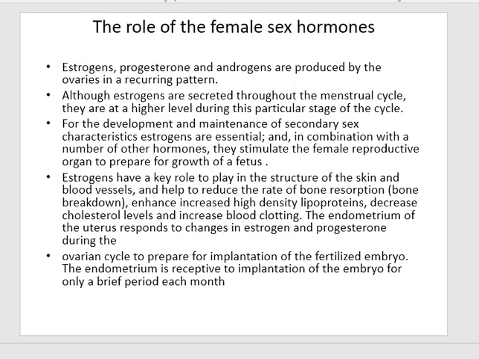The role of female sex hormones: the estrogen, the progesterone, and androgens are produced by the ovaries in a recurring pattern. Each month they increase and decrease accordingly, following what we call the menstrual cycle.